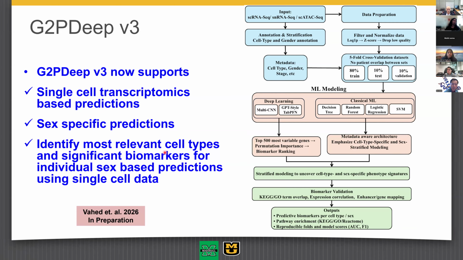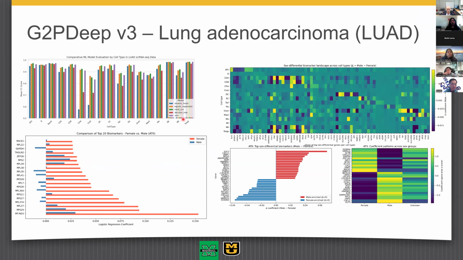You'll have a chance to hear from Mohammed in a few webinars down the line. And really the goal for this is to support how the different cell types in single cell data can contribute to doing these phenotypic predictions about prognosis or treatment options better, but also how a female and a male perspective might look different and whether those genes are common or very different in those predictions between the different sexes.